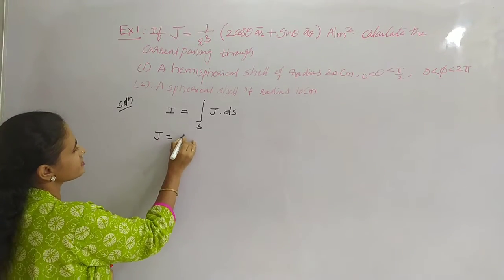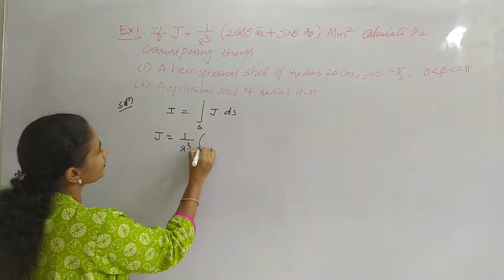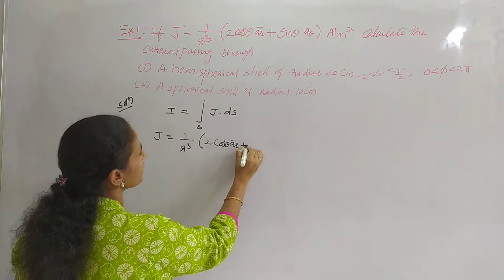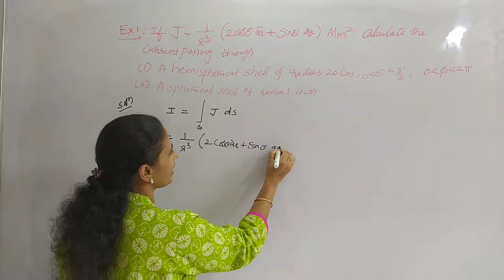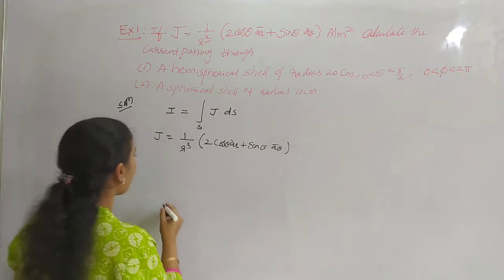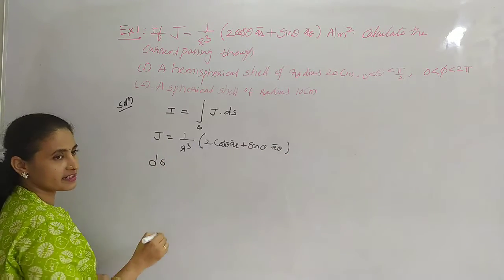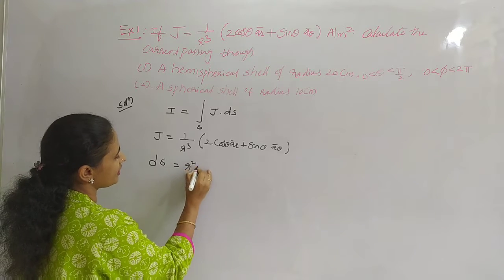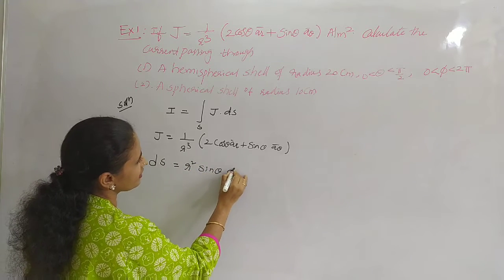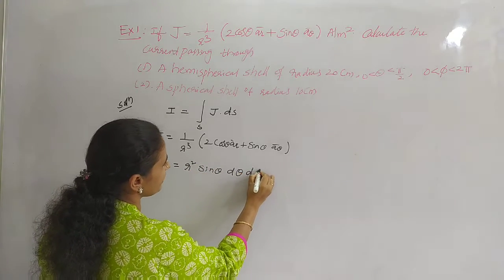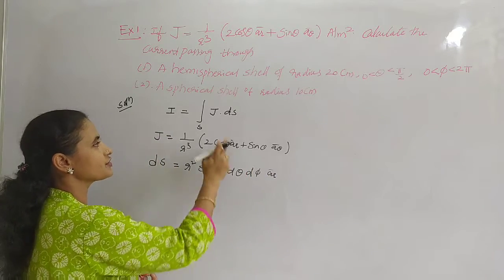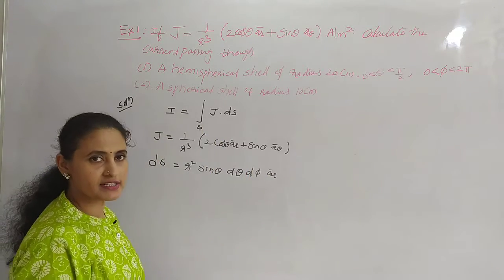J is given as 1 by r cubed times 2 cos theta a_r plus sin theta a_theta, and the differential surface area normal to r is r squared sin theta d theta d phi a_r.